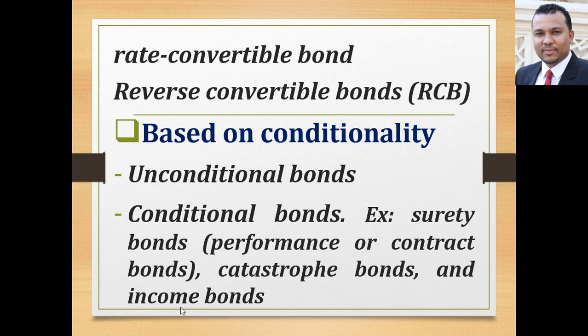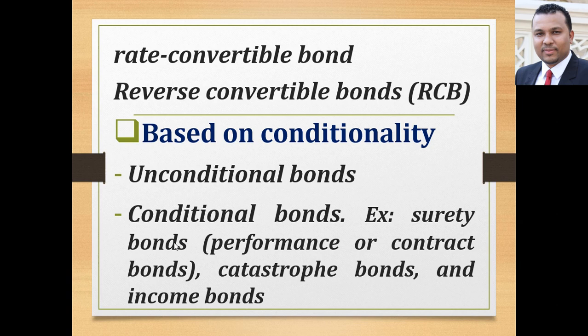The first, surety bonds in our conditional bonds. Surety bonds are common within the construction industry in the USA, in the UK, and other Western countries. They are designed to ensure project owners that contractors will complete the project at a specific time or contract.